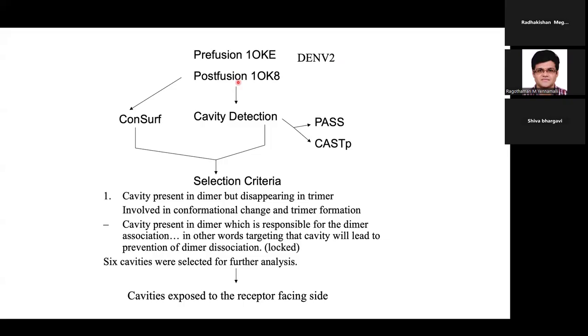Now, what you have to remember for viral proteins is that viral proteins have both structural and non-structural proteins. Structural proteins are those that are part of the viral capsid and part of the mature virus.